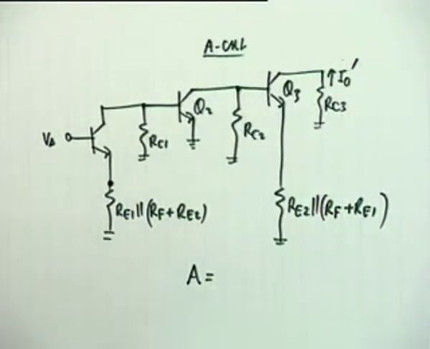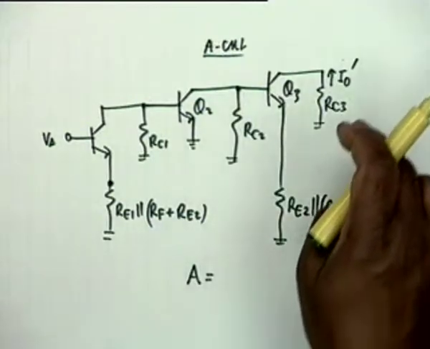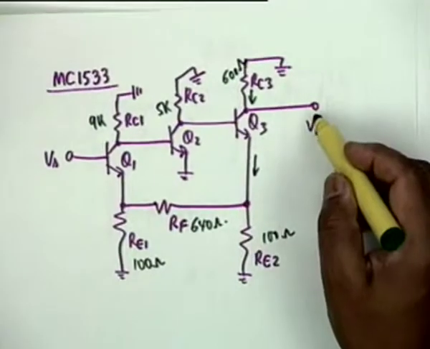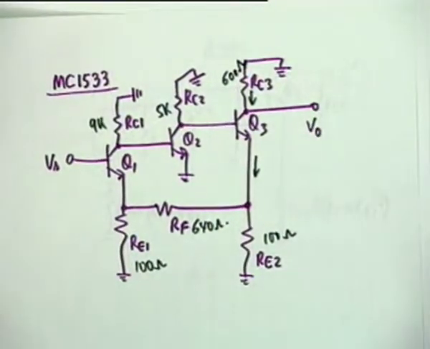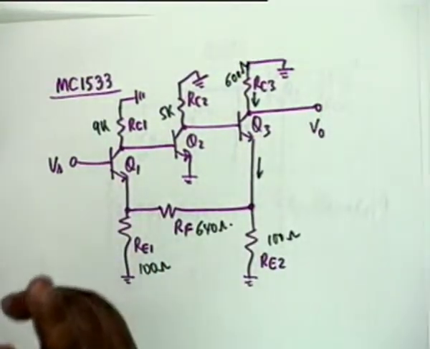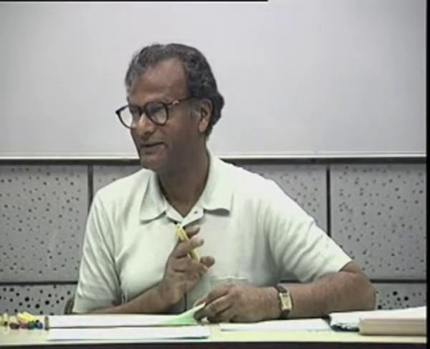Now the other thing is, how do I know that I have to calculate I0 prime by Vs? To confuse matters, output is shown here as V0. Why don't we calculate V0 by Vs? We would have made a mistake if I calculate V0 by Vs. Why?